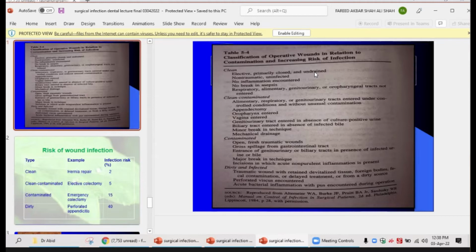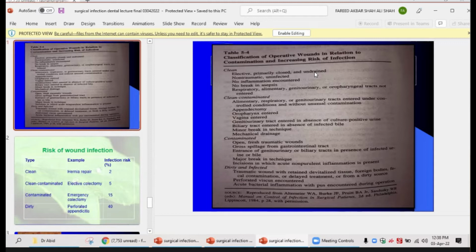And there is no break in the asepsis, meaning there is no problem with the instruments in the theater. They are all aseptically cleaned and autoclaved or sterilized. Now the last line, if you can read that: respiratory, alimentary, genitourinary or oropharyngeal tracts are not entered.